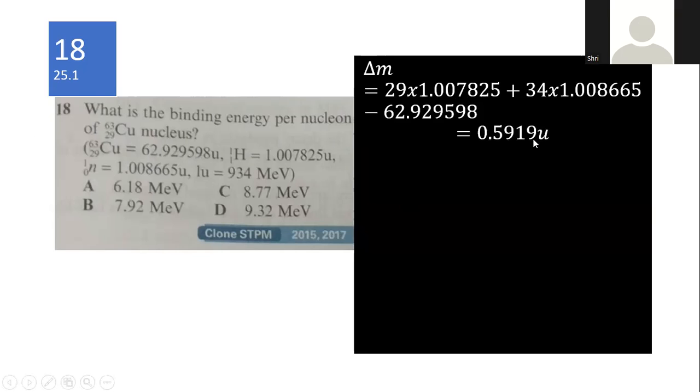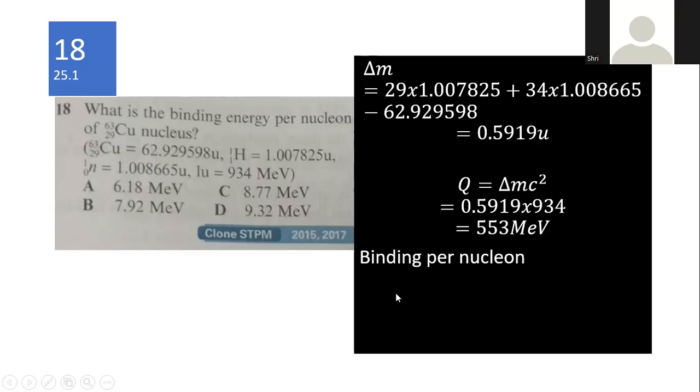Get atomic mass unit, that's a conversion from mass to energy. No need to use delta mc square already. Just that one there, mass, that's 934. Then divide by your 63, the total number of nucleons. So get the answer C.